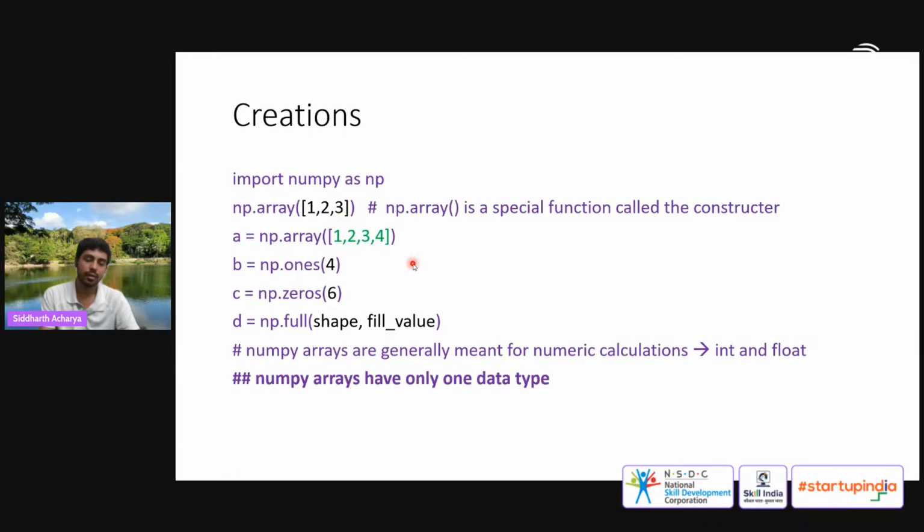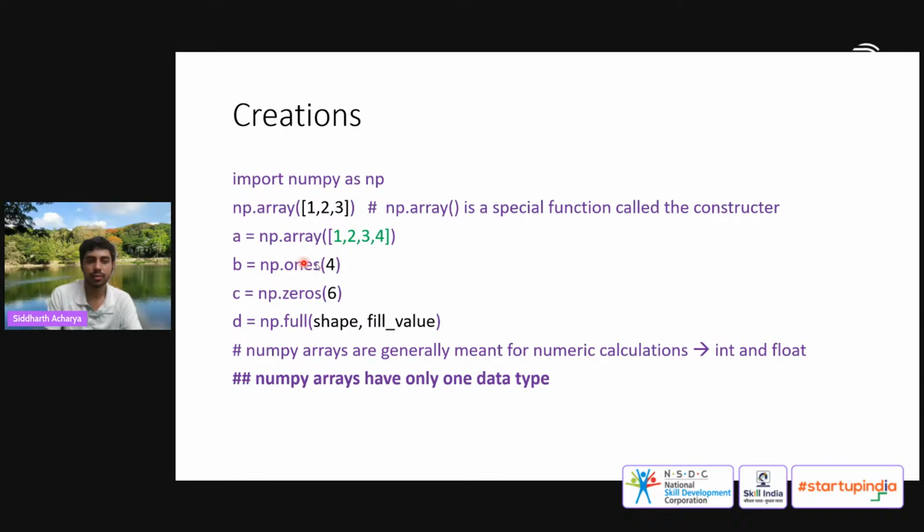It returns what we call an object, which is basically the ND array. You can store that object in a variable, and you can also do operations on it, which we'll see shortly.